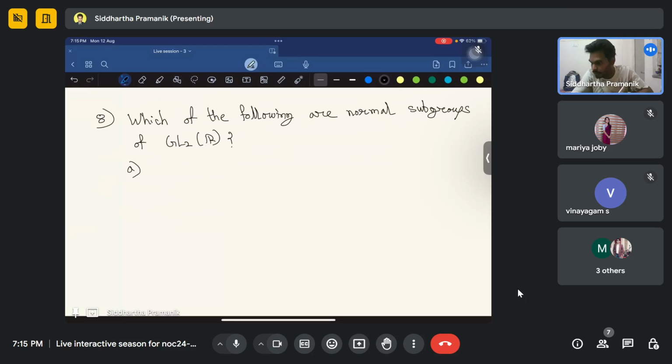So first one is, let's say H equals the matrices of this form where A, B, D are real numbers and A times D is not equal to 0, meaning it is basically the set of all invertible upper triangular matrices of order 2 over real numbers.